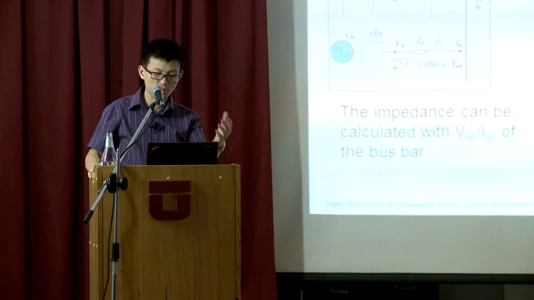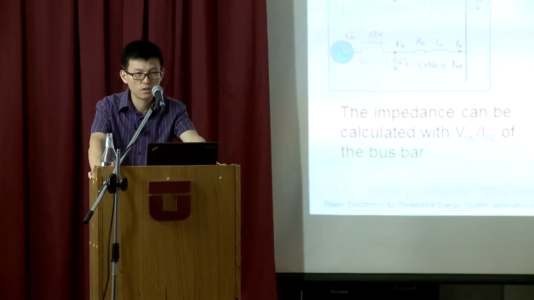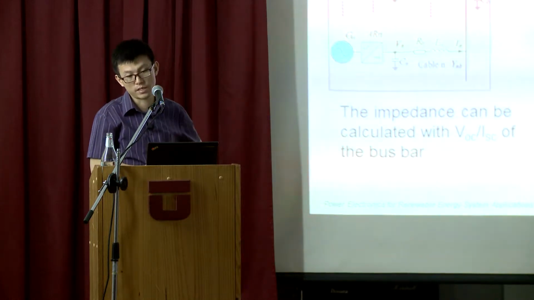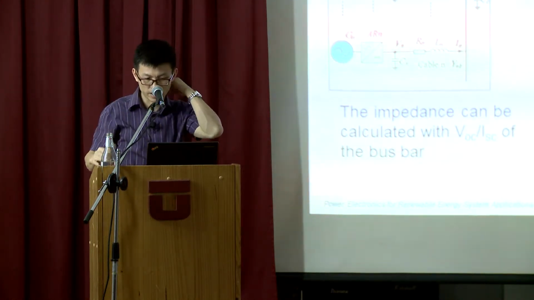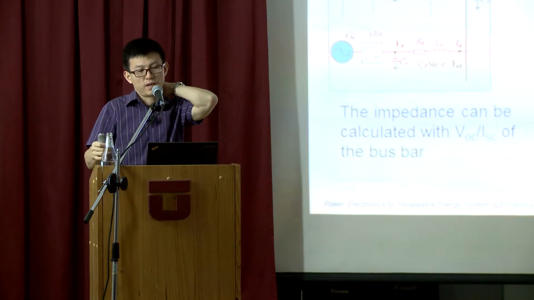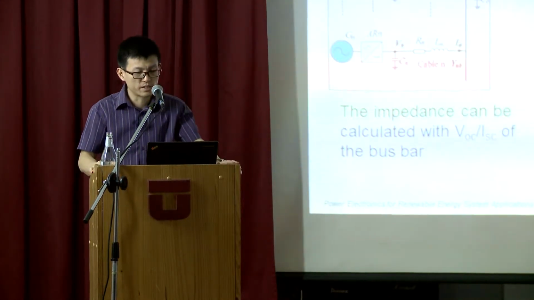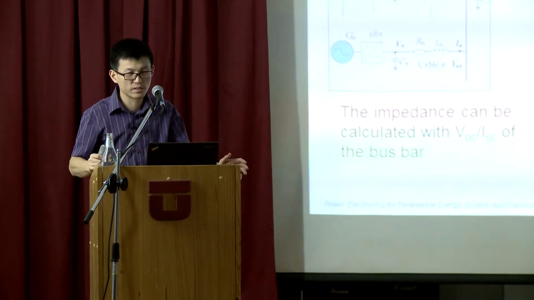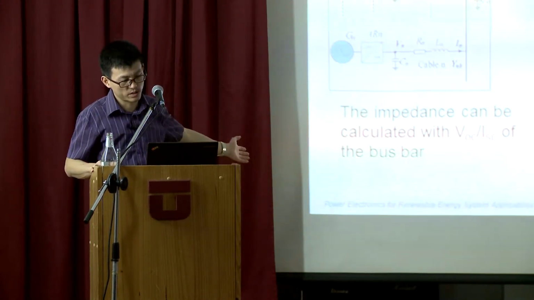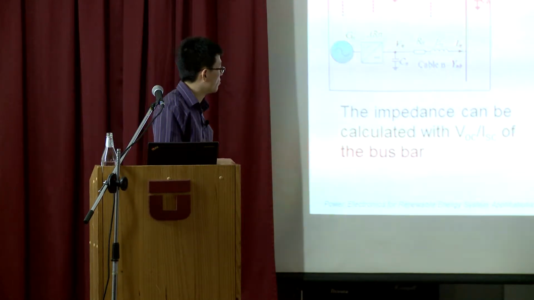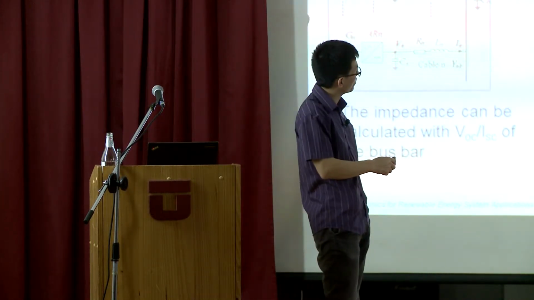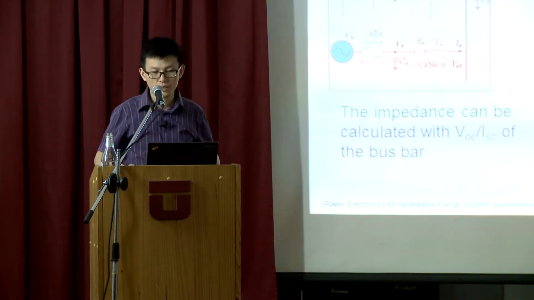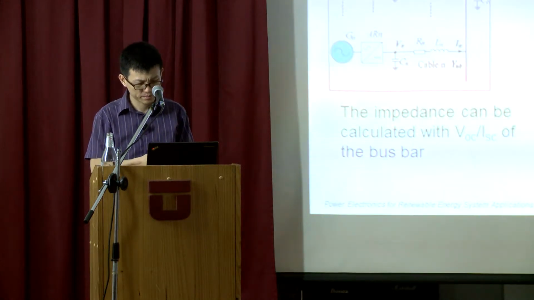So essentially you use the open circuit voltage over the short circuit current to derive this Zs. This is the methodology I want you to use as well, because you might look into different systems. The impedance of the source can be calculated in this way. For us, what is more interesting is, when the systems are connected in parallel, what the source impedance looks like.